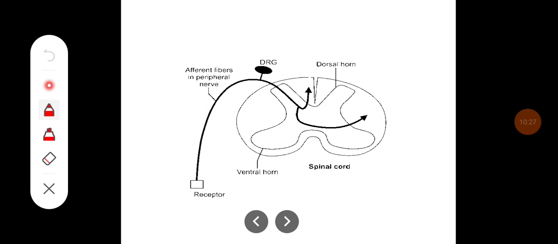So this is how the afferent nerve fibers, after passing through the dorsal root ganglion, enter into the dorsal horn, where they can ascend on the same side of the spinal cord as occurs in the dorsal column tract, or they can cross and ascend as the anterolateral system.